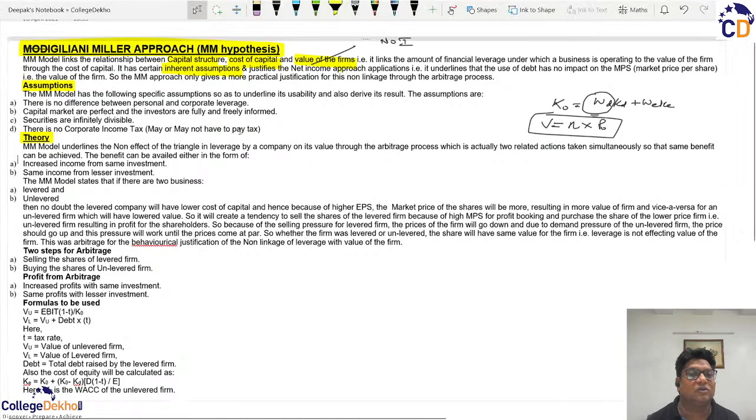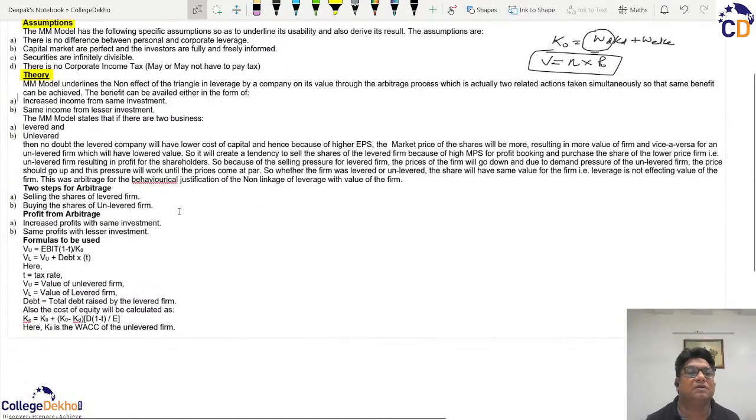We will also understand that this theory is based on a basic exercise known as arbitrage. We will understand what arbitrage is, how it works in the MM hypothesis, how it is benefiting and prompting the concerned parties to enter into arbitrage, and what are the effective formulas that will be used to calculate the value of the firm.